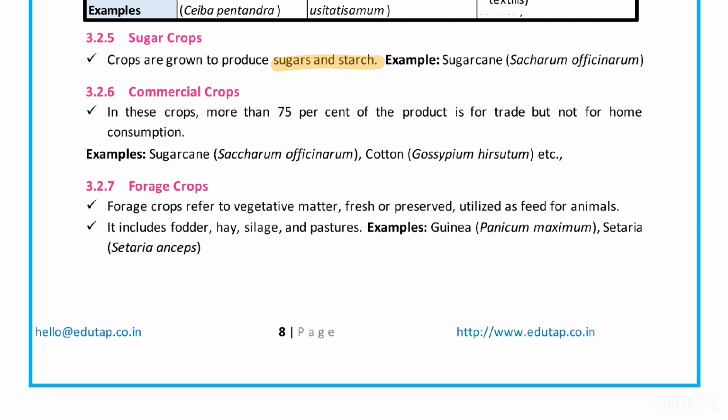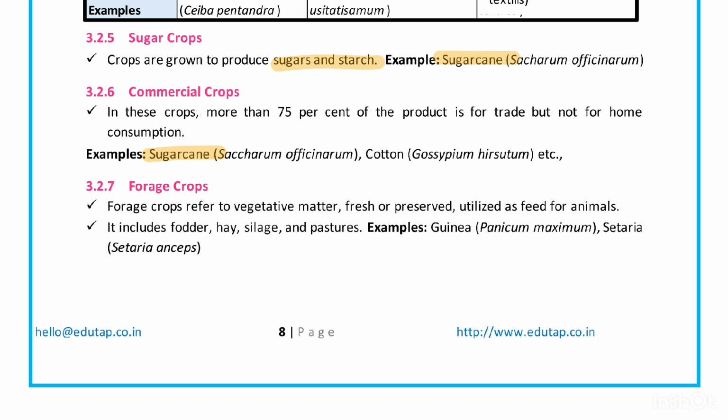For example, sugarcane and sugar beets. Both these crops can be used for the extraction of sugars. That is why they fall under this category. Sugarcane is basically used for the extraction of sugars, and in other countries, sugar beet is also used for the extraction of sugars.